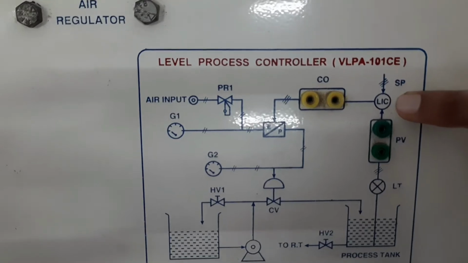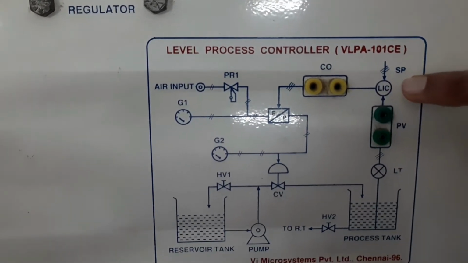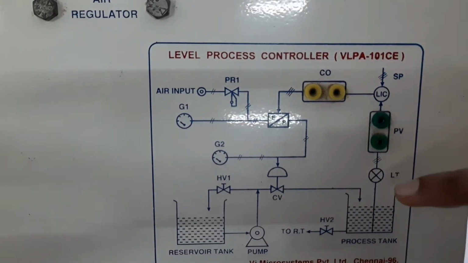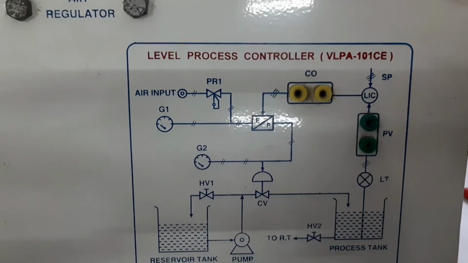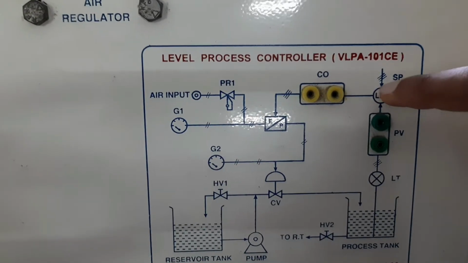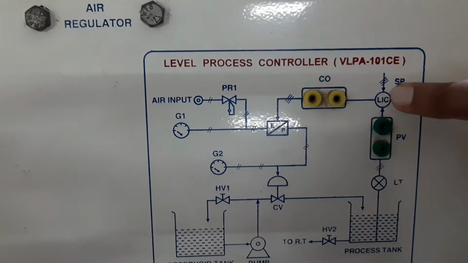Some of the basic control algorithms are: one is on-off control. On-off control means you need to switch on the valve when the water level is below the set point, and you need to switch off if it goes above the particular level. Similarly, there are other controllers which we need to set in the computer, which I will show later.